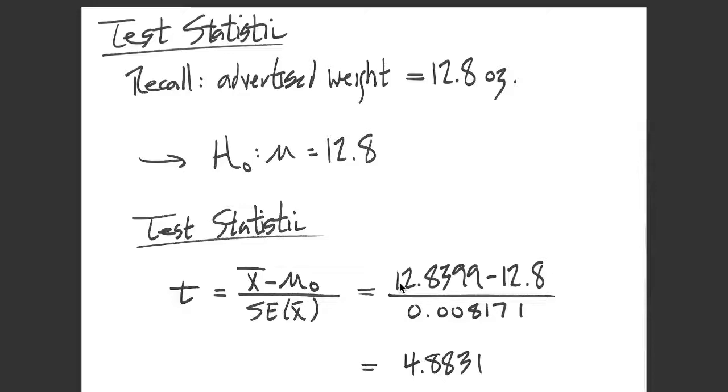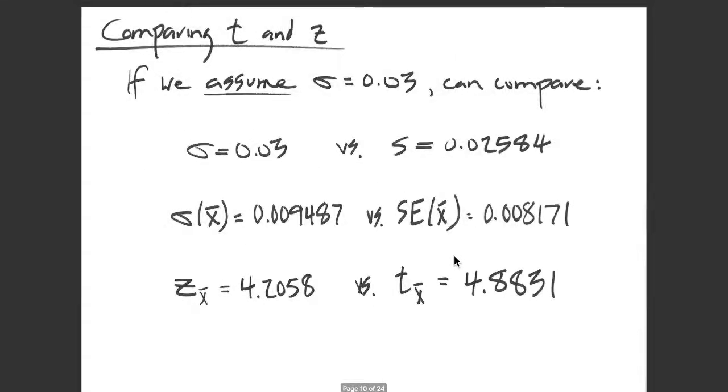So this is giving us pretty good reason to doubt the null hypothesis. The evidence points to the true mean as being bigger than 12.8, just because our sample data is so many standard deviations above where we would expect it to be if the true mean were 12.8.